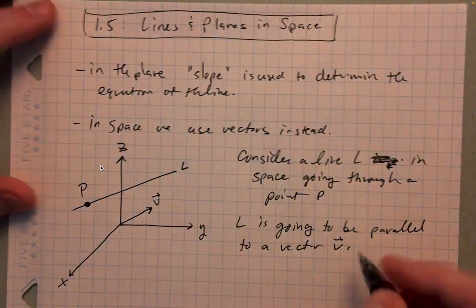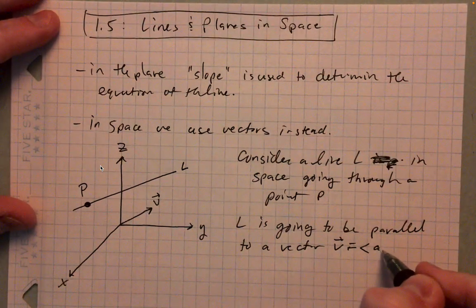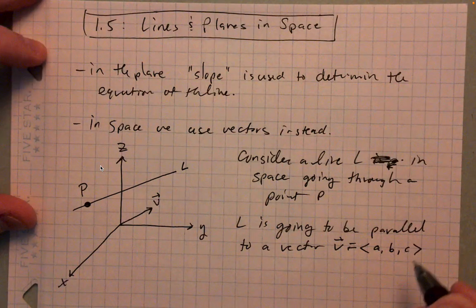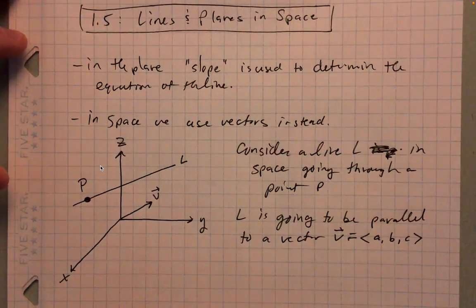Let's put some notation on v. So v is ⟨a, b, c⟩, we'll say. Now v is parallel to the line L, and v is equal to ⟨a, b, c⟩. The components are a, b, and c.